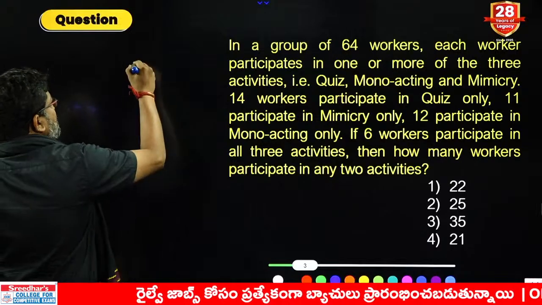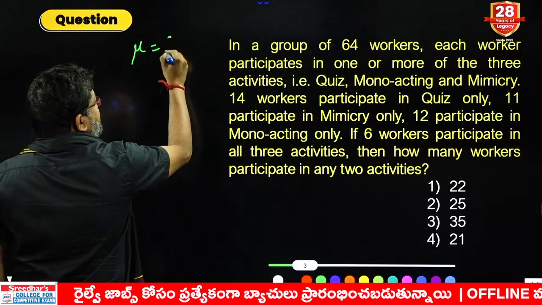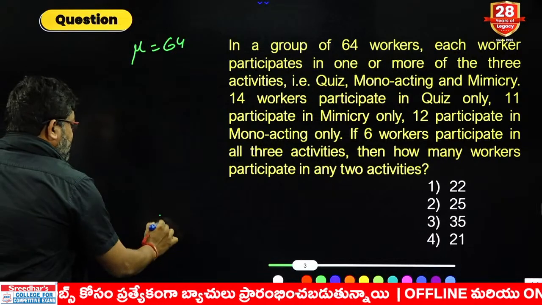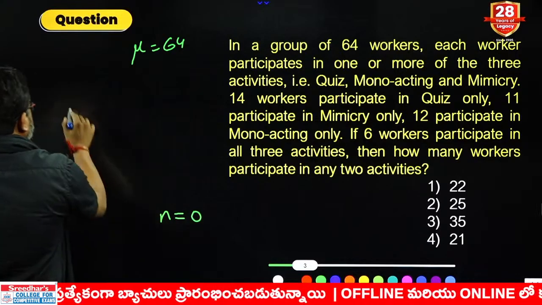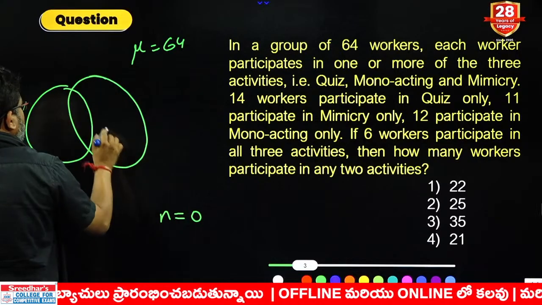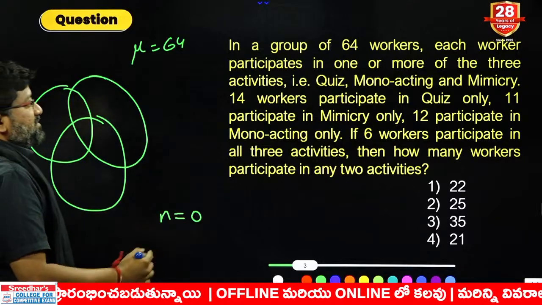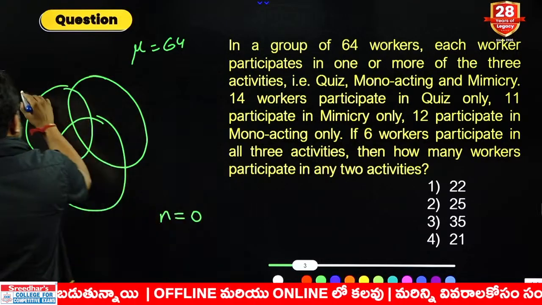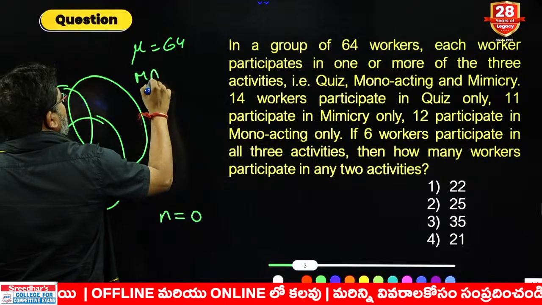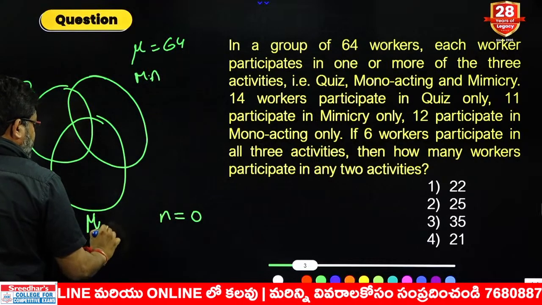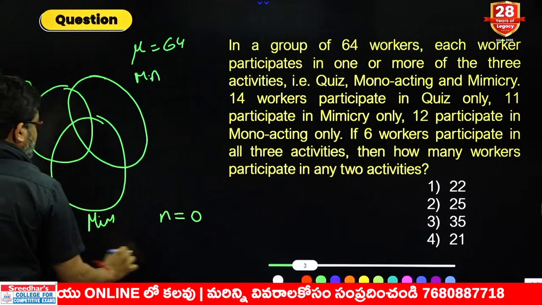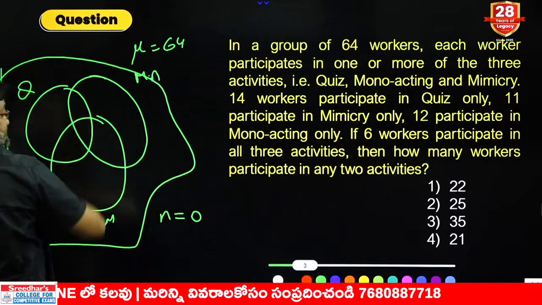In the Venn diagram we consider the total, it is 64. N here is 0. He said 3 different activities, so go for 3 different circles. One is quiz, one is mono acting, the other one is mimicry. This is the exact diagram.